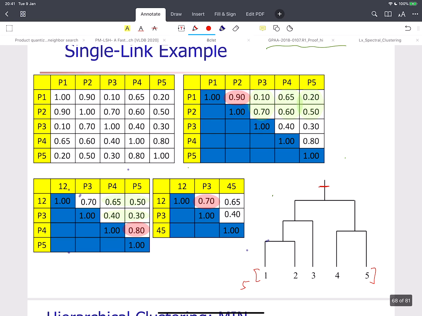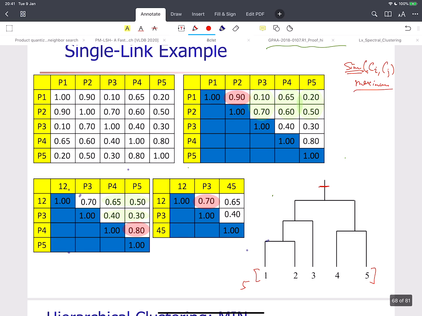Intuitively, we should choose the two which are most similar to each other. If we use a similarity measure, the most similar pair of clusters is the one where the similarity of, let's say, Ci and Cj is the maximum.